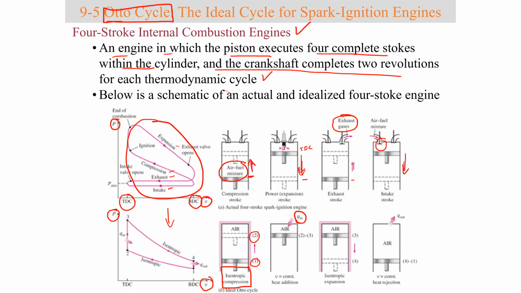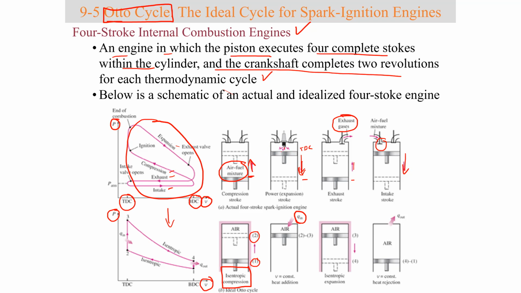So what's basically happening is that we're not having the air come in and out of the system, right? If you remember, the cold air standard assumptions assume that air is in the system at all times. Here, if you think about it, once the piston goes back up to expel the combustion gases and to take a new air-fuel mixture, air is constantly exiting and entering the system.